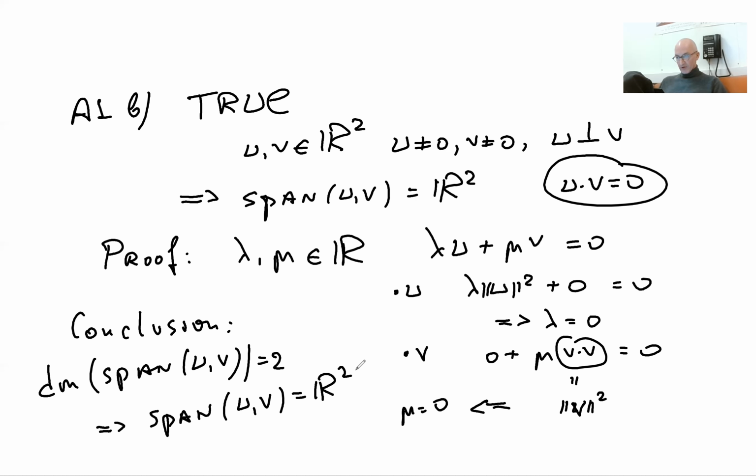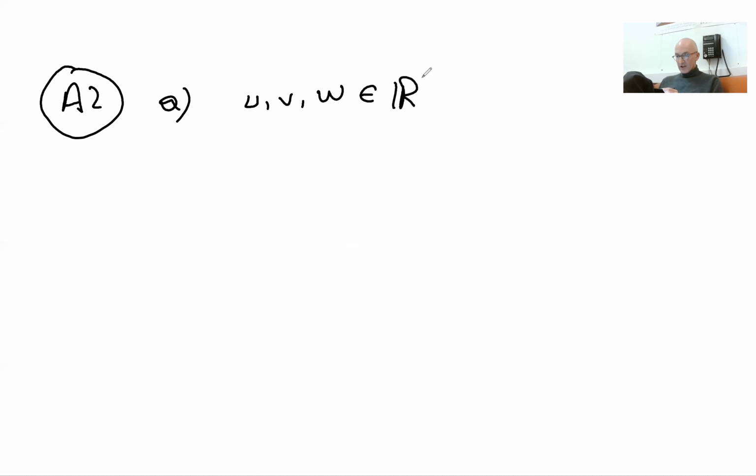Okay, good. Let's go to problem A2, part A. This is also a true-false statement. Yeah. So you have vectors u, v, w in Rn.